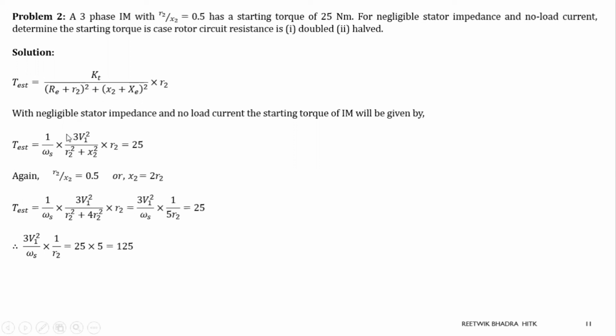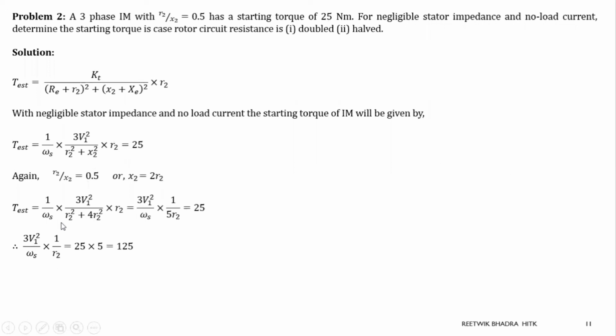KT is replaced by 3V1 square by omega S, or 3VE square by omega S, whichever term you want to write, no problem. TST is given as 25 Newton meter. R2 by X2 is given as 0.5, so from here X2 is equal to twice R2. Substitute this twice R2 over here. Twice R2 whole square gives you 4 R2 square.